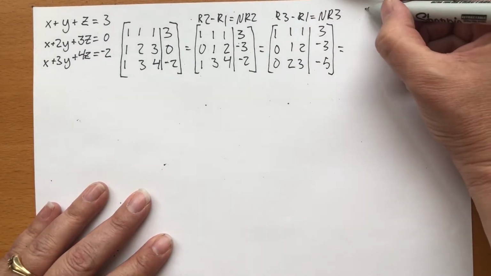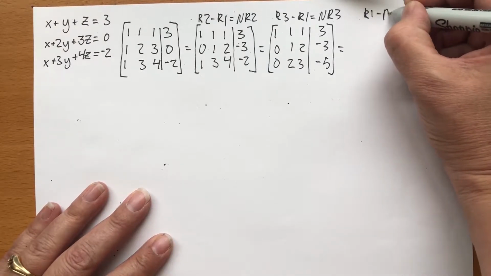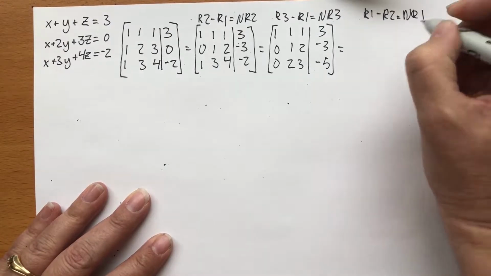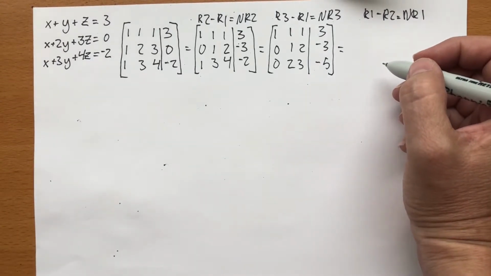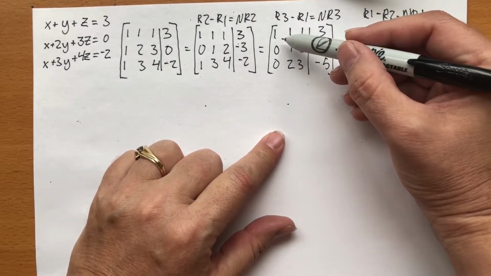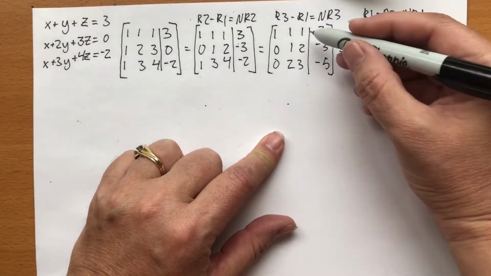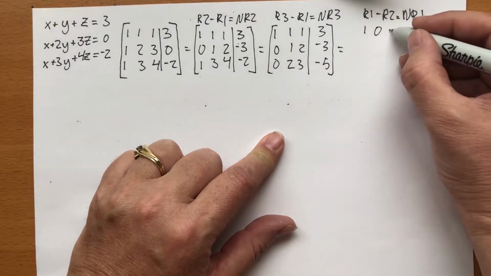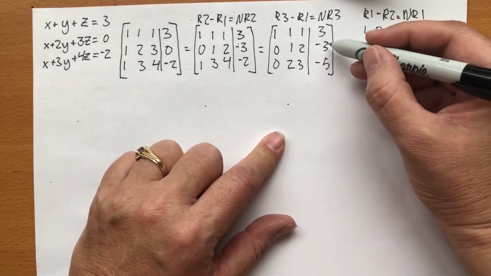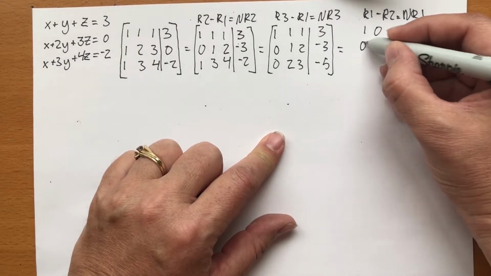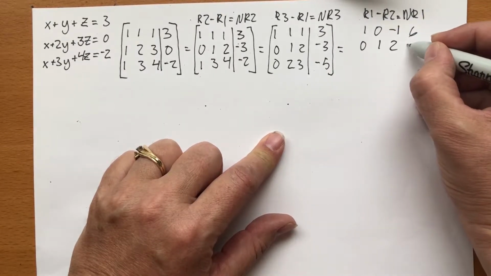Then I am going to take row 1, I'm going to subtract row 2, and that's going to give me my new row 1. So 1 minus 0 is 1. 1 minus 1 is 0. 1 minus 2 is negative 1, and 3 minus negative 3 is 6. And make sure you watch that when you're minusing a negative.